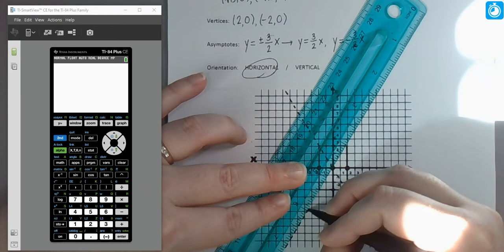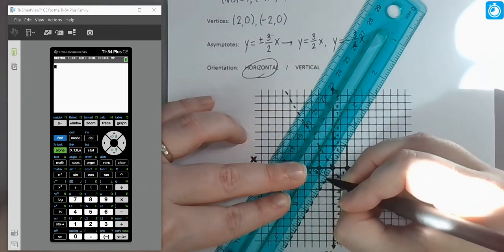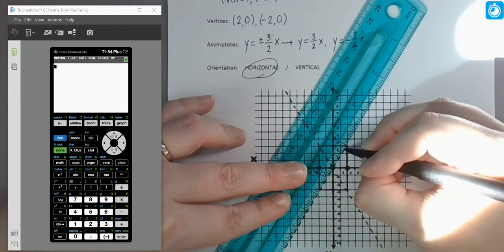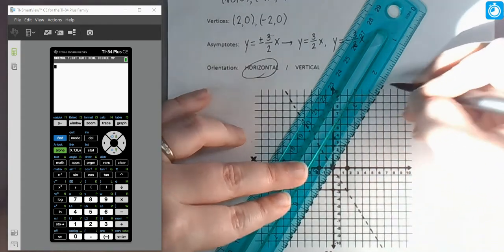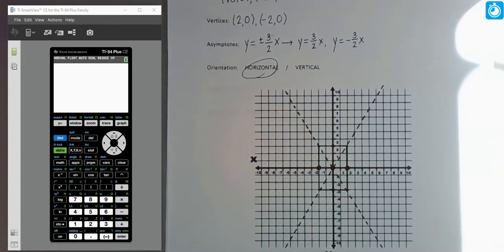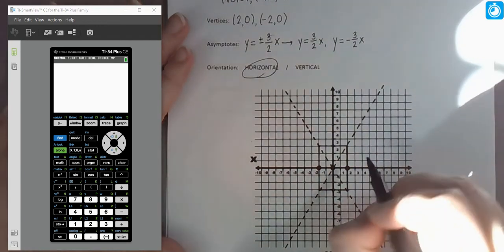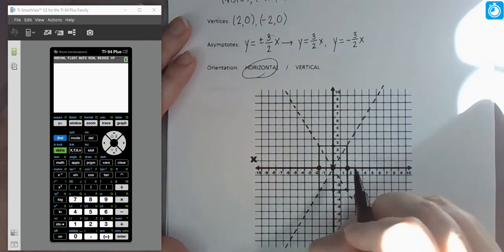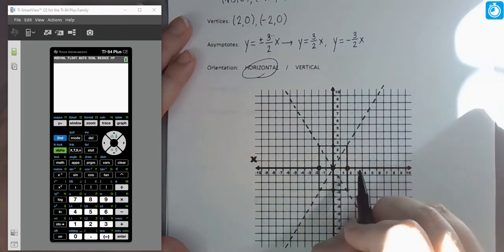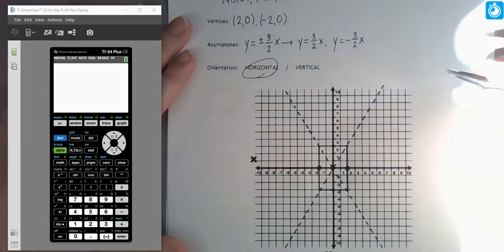And so what I'm currently drawing is going to be the asymptote that had a positive slope, and the previous asymptote I drew was the one that had the negative slope. So there are our two asymptotes. So all we need to be able to graph the hyperbola now is to start from our vertex, from either of our two vertices, and follow the shape that those asymptotes give us.